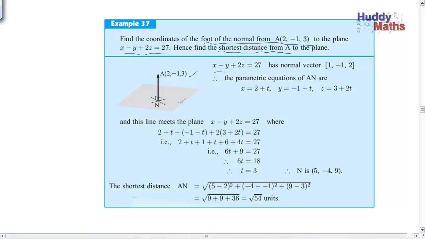So now, this plane has a normal vector (1, -1, 2). Why? Because the components of the normal end up as the coefficients of the x, y, and z in the equation. So the parametric equations of AN, we don't know what the foot of that is.